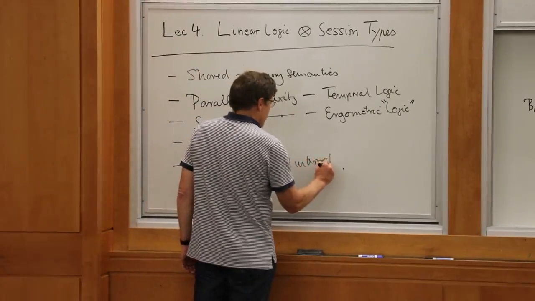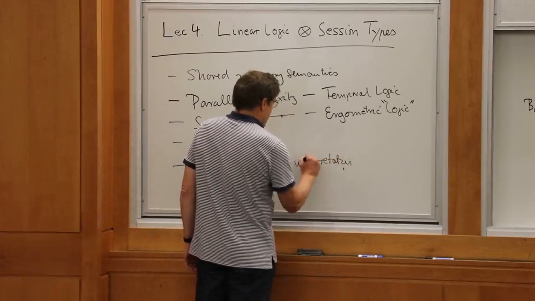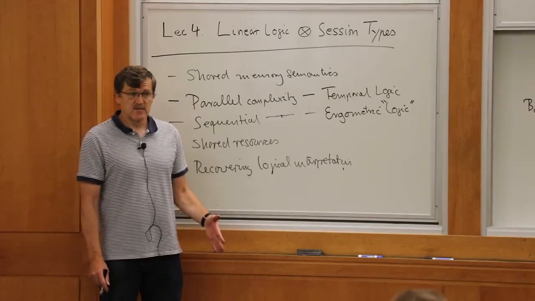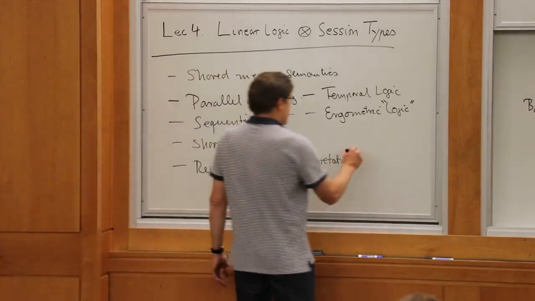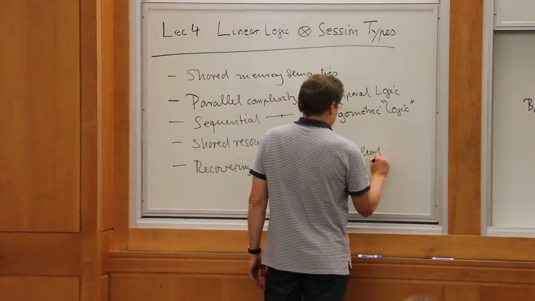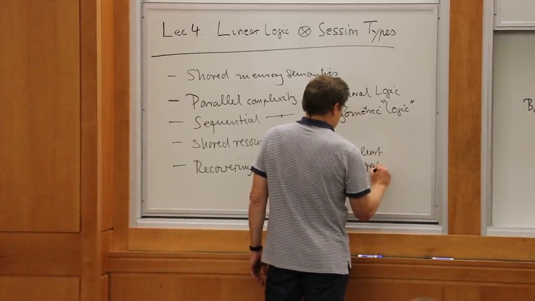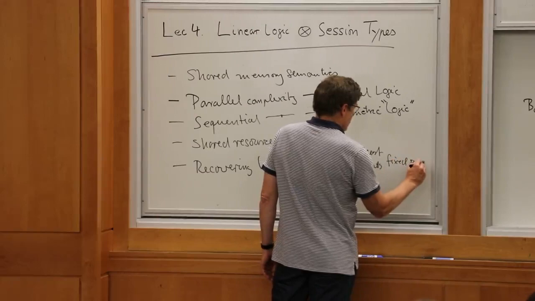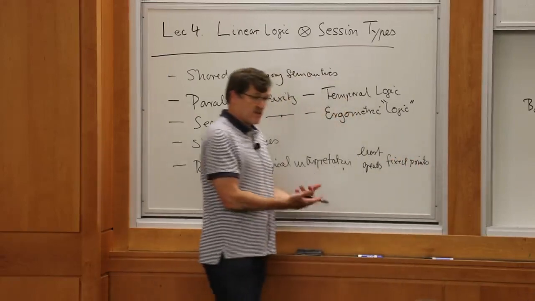And I mentioned this in the previous lecture. By not having arbitrary recursive types and arbitrary recursive programs, but having least and greatest fixed points, and circular proofs, and making sure that these all fit together.